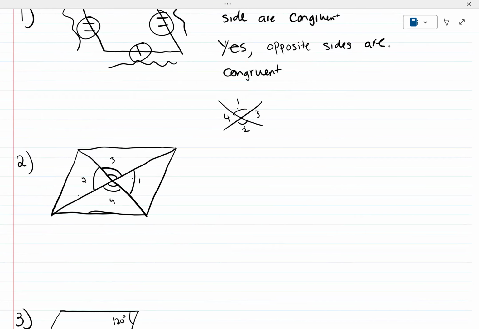In our prerequisites, it said nothing about vertical angles, right? So I'm going to say no, because I think the opposite sides must be parallel and congruent. That's like a big factor. It's only showing that vertical angles are congruent.